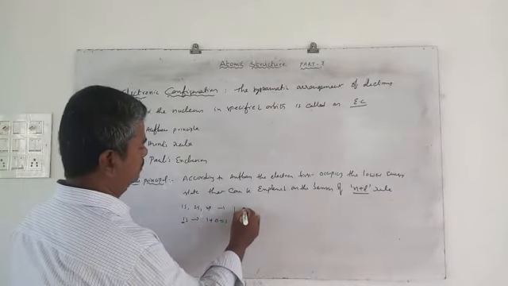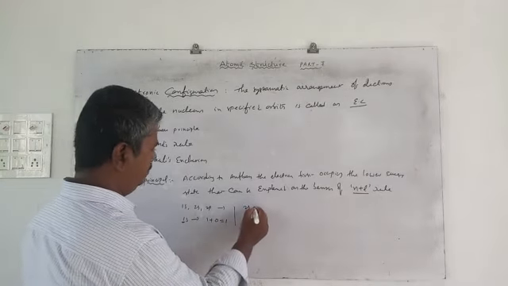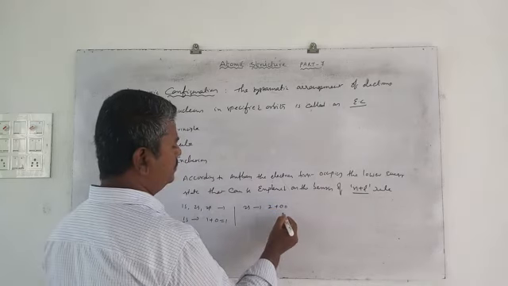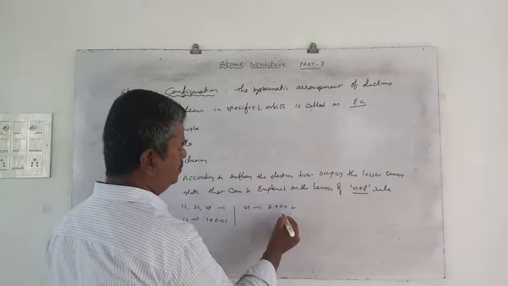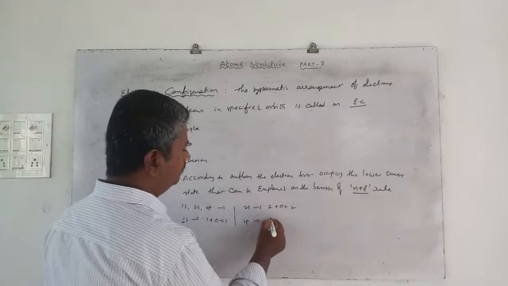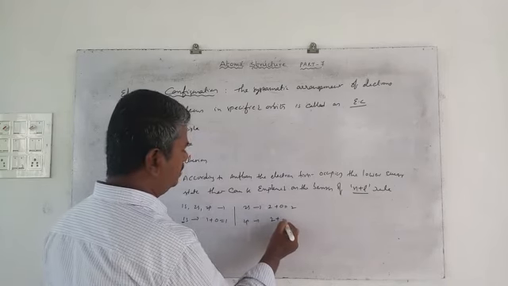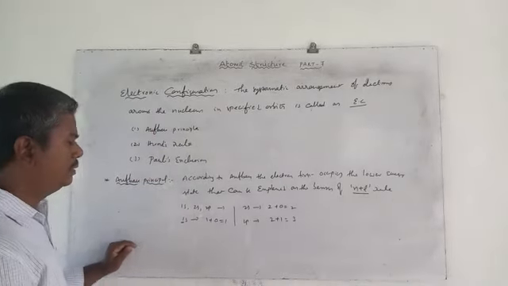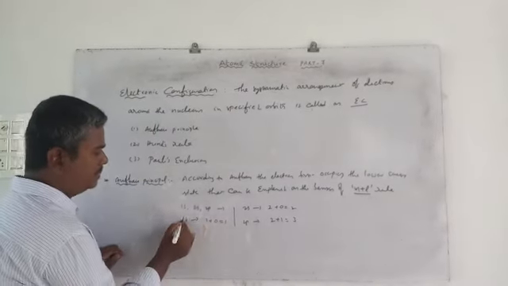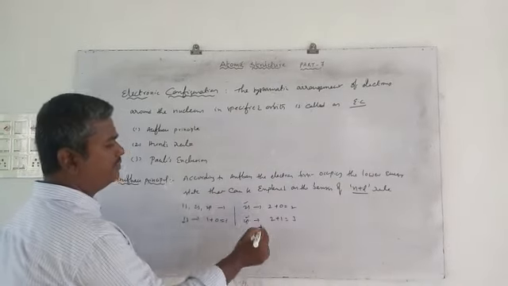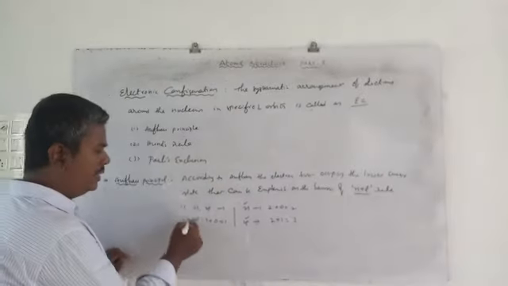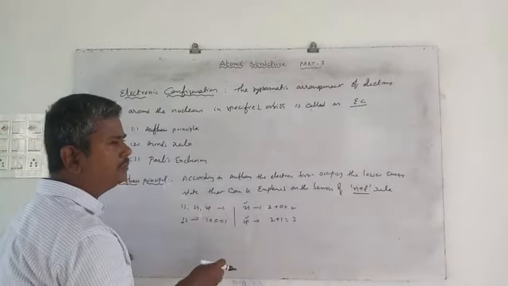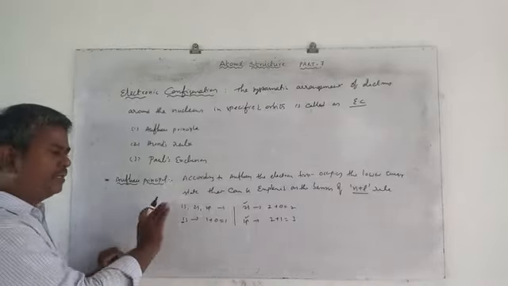For 2s, the principal quantum number is 2 and the L value for s is 0, so we get 2. For 2p, n is 2 and the L value for p is 1, so we get 3. So the lower energy state is 1s, then 2s, then 2p. The one with the lower value will be filled first. Then after that it goes to the next level.